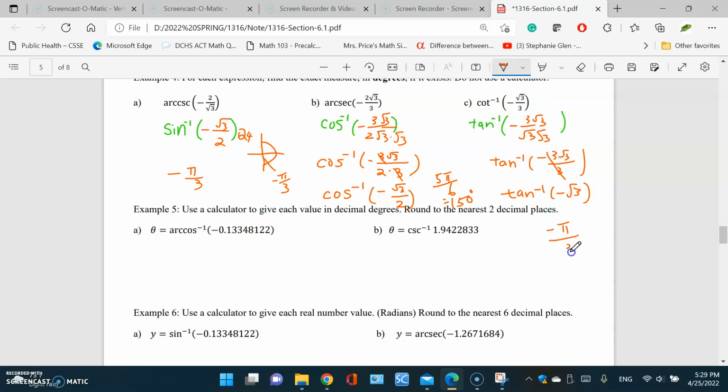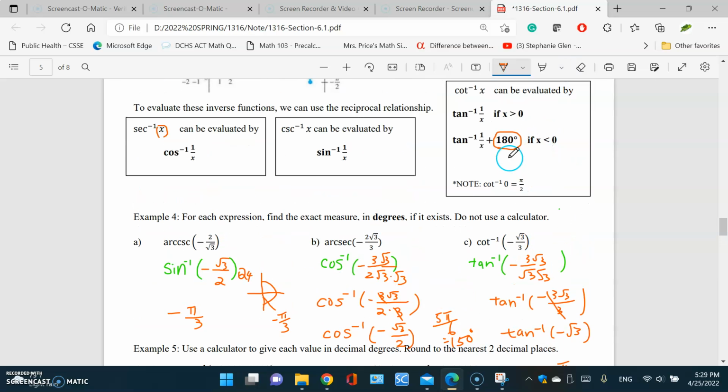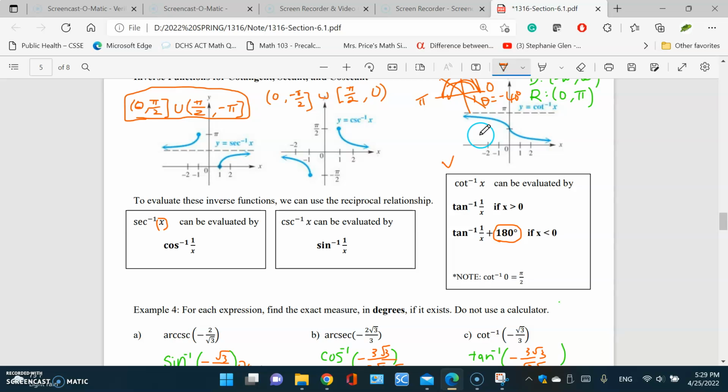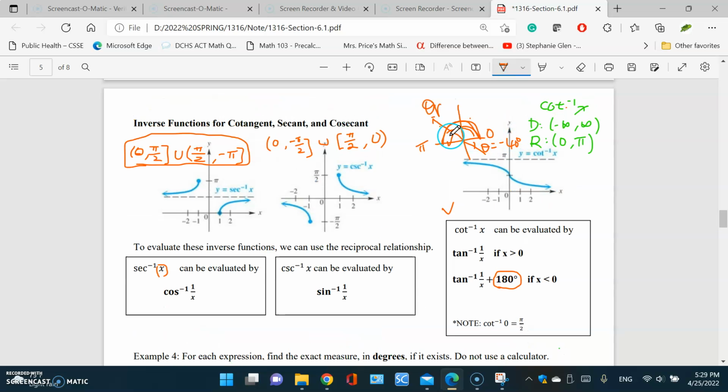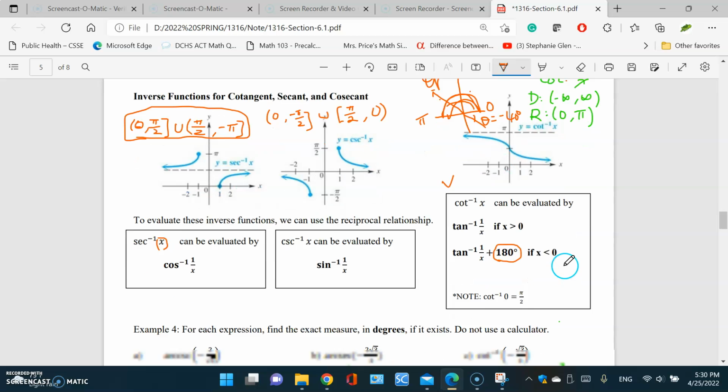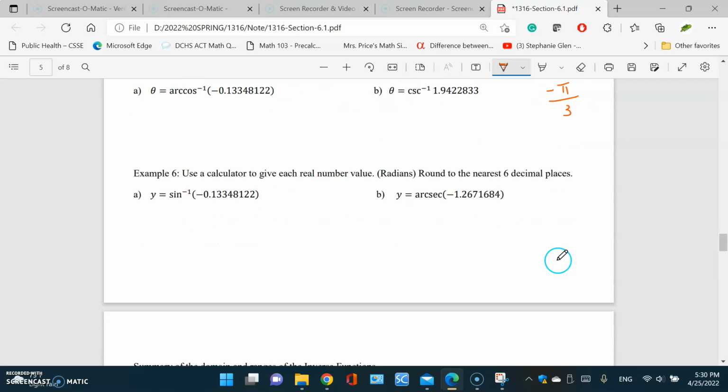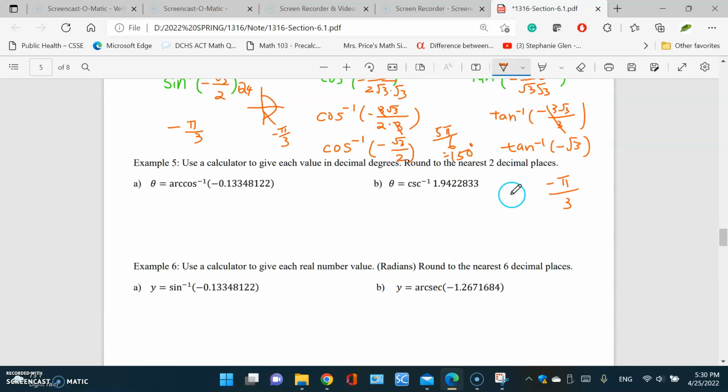However, as we just mentioned earlier, your inverse of the cotangent only happens between 0 and pi. So now your negative pi over 3 is on quadrant 4. Right, this is on quadrant 4. So this is negative pi over 3, which is negative 60 degrees.